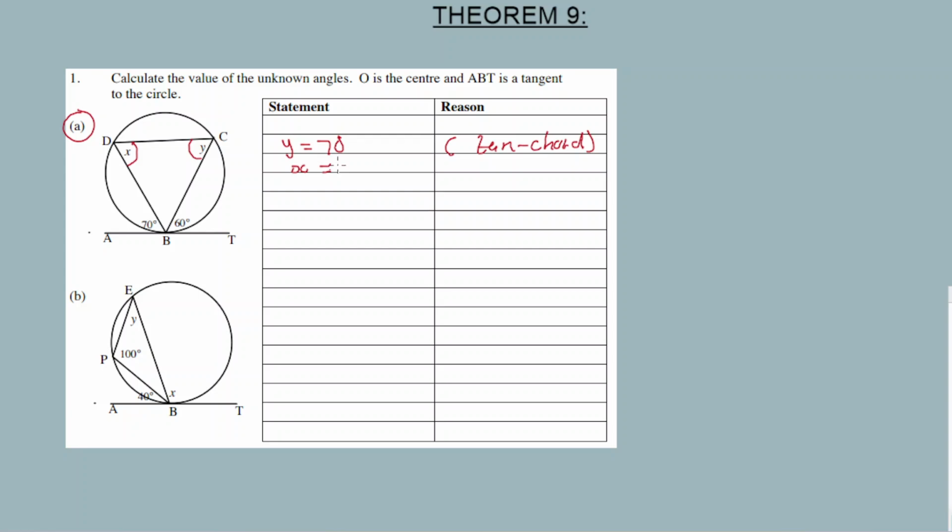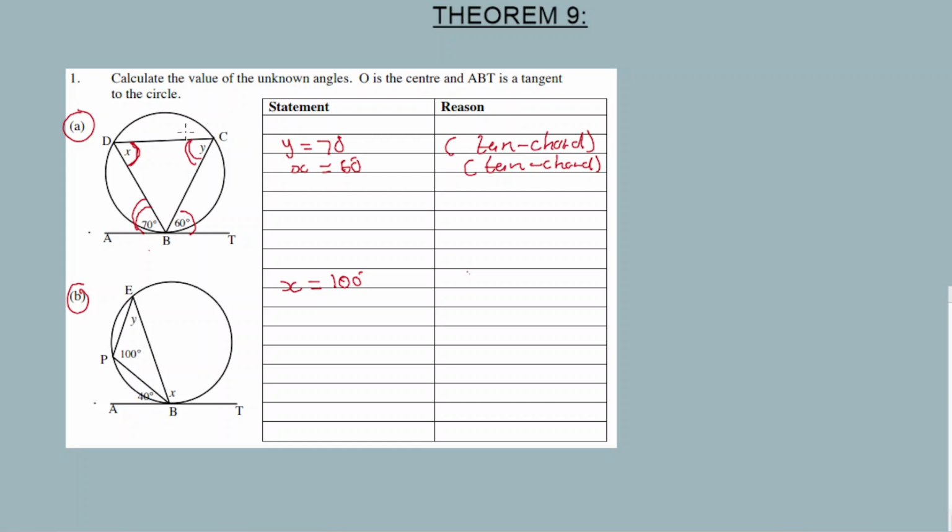And then x is equal to 60 degrees. Y is tan chord. Don't forget we know this angle is equal to this one according to theorem 9. This one equals this one. So x will be equal to 100 degrees.